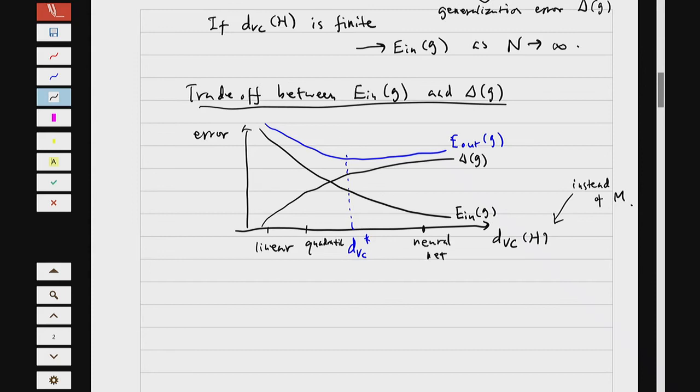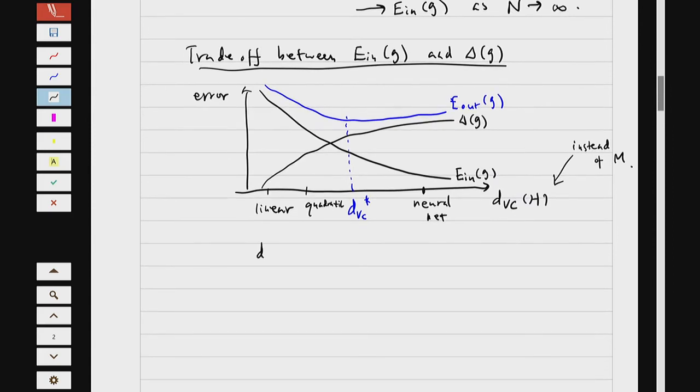All of these models would have an infinite number of hypotheses, but you can still use the VC dimension as a metric for their complexity, and to indicate that the neural network, for example, is certainly more complex than the linear model. Make sense? So this is one way to deal with having infinite M. That way you can compare models that have infinite M.